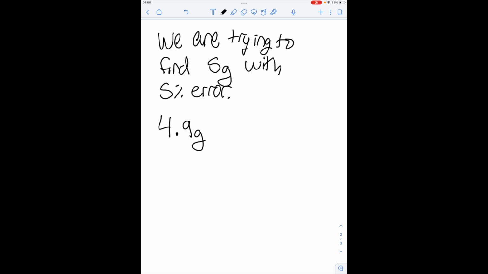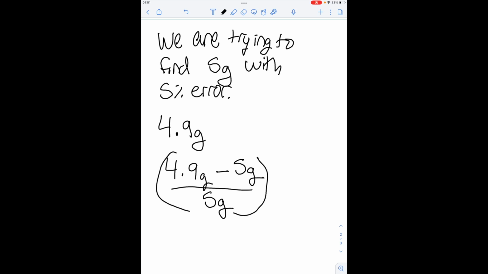And let's just say we want to first do the method of finding the exact amount of error here. So we would take our 4.9 grams, subtract that from our 5 grams, divide that from our 5 grams, and then multiply that by 100.